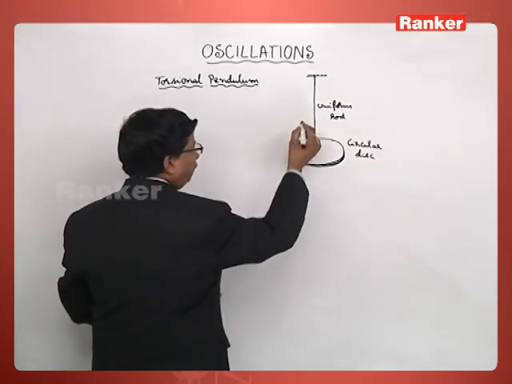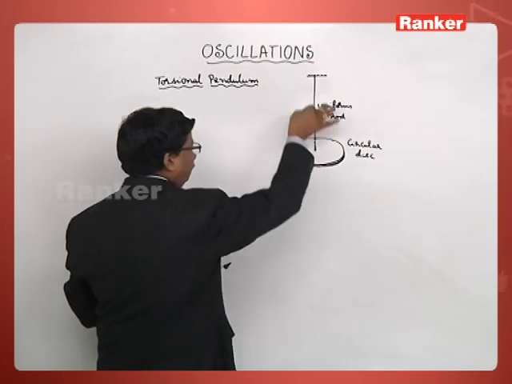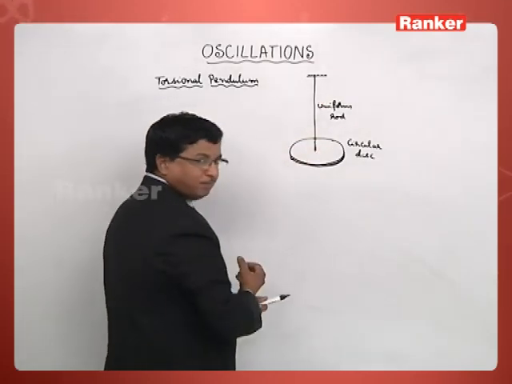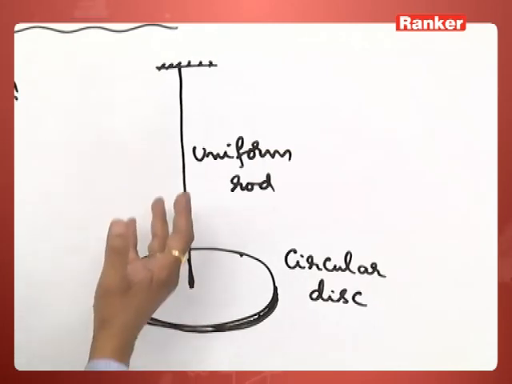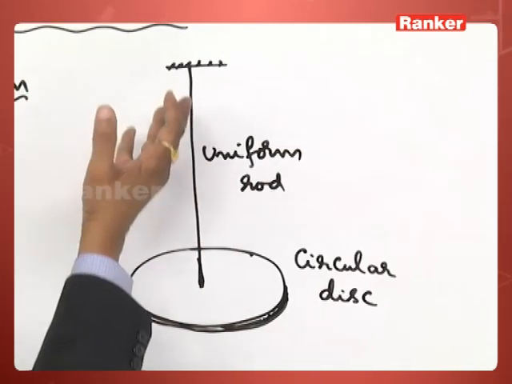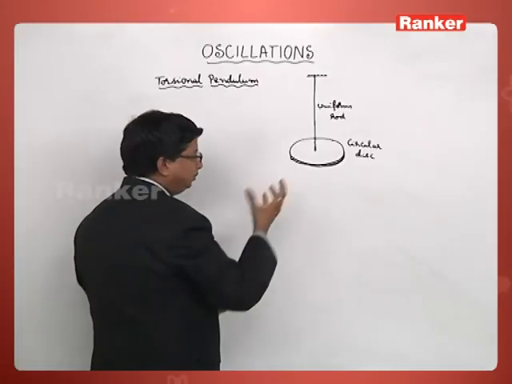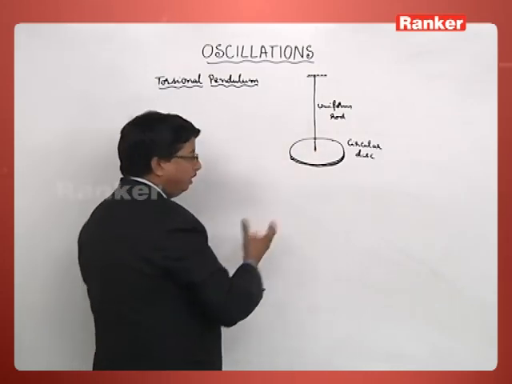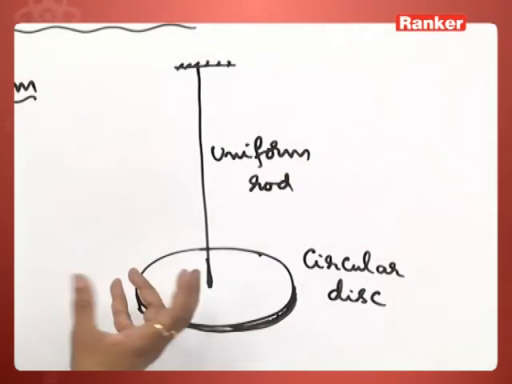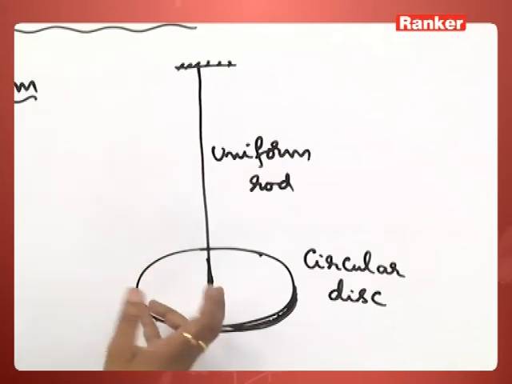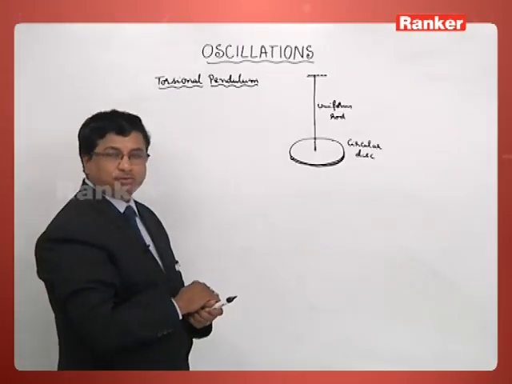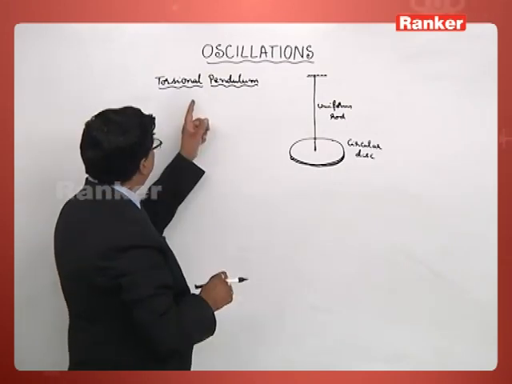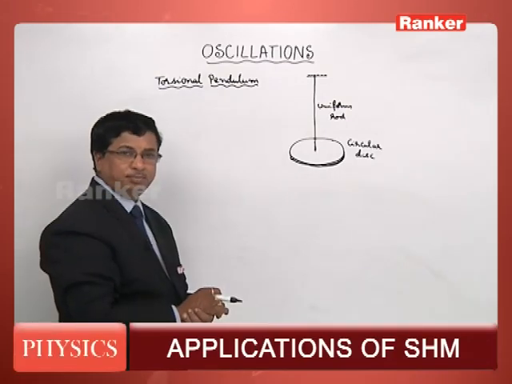Now, when the system is hanging like that, when I rotate this a little, causing some torsion in the rod, and leave it, then this total disc oscillates this way. This is the concept one has to understand in the case of a torsional pendulum.